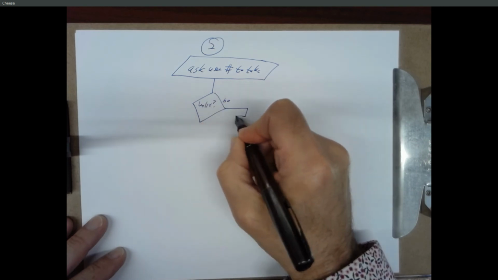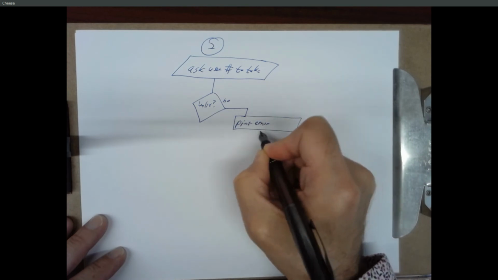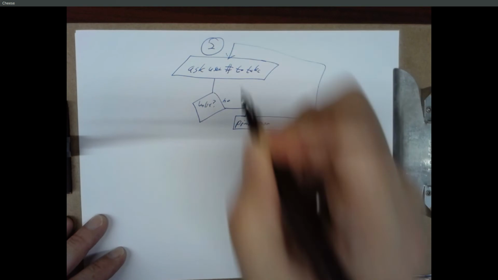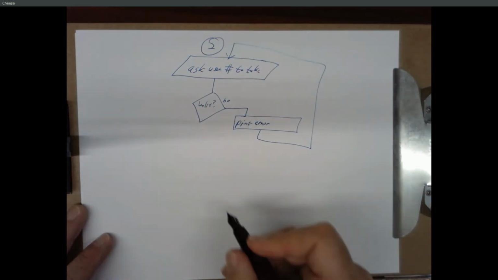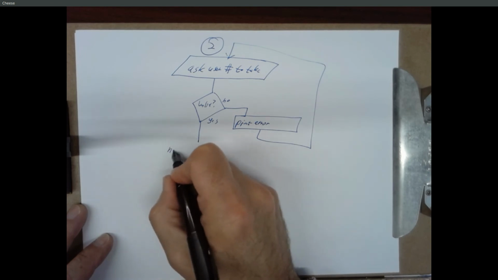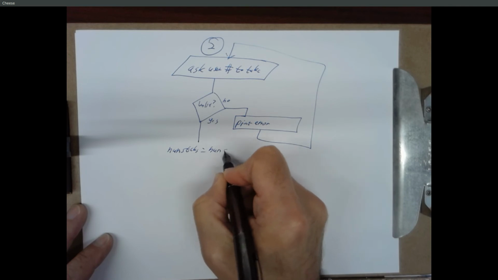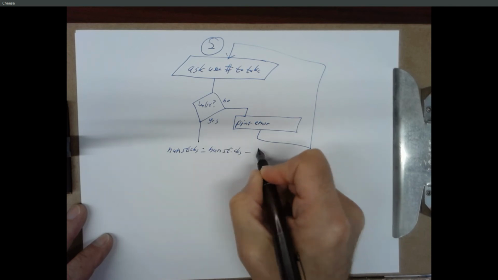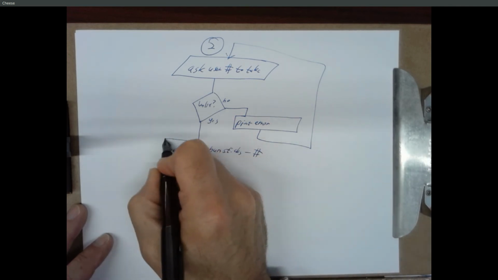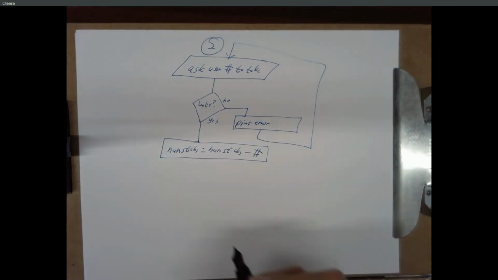If it's not, print an error message. Go back and ask them again. If it is a valid number of sticks, adjust numsticks to be the number of sticks minus however many they took.